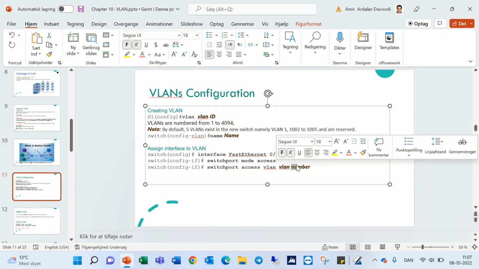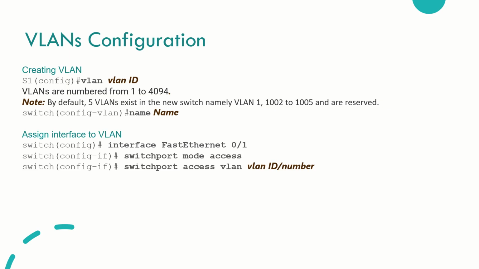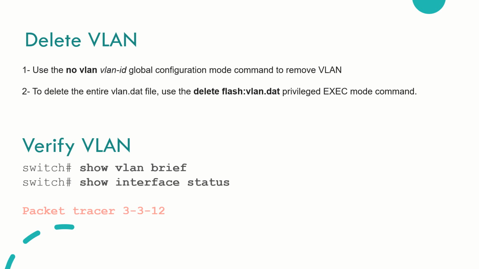Okay? And in this situation, you can assign this VLAN ID, VLAN number, to this interface. How can we delete VLAN?